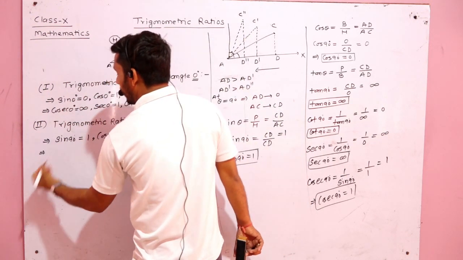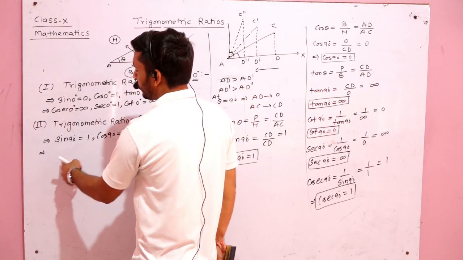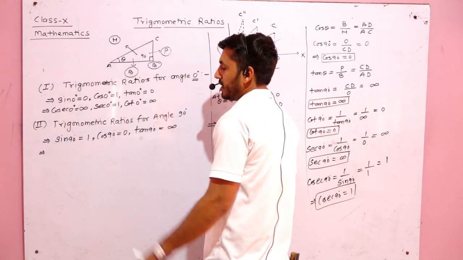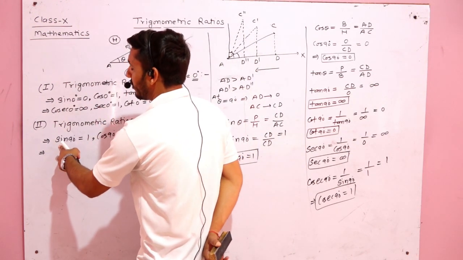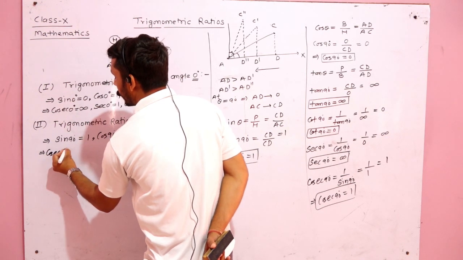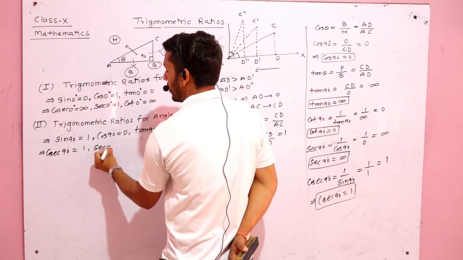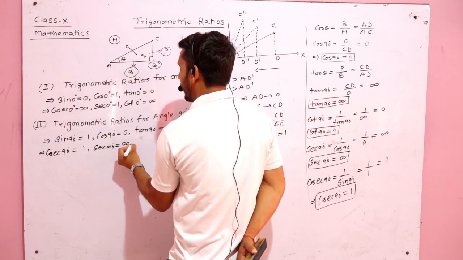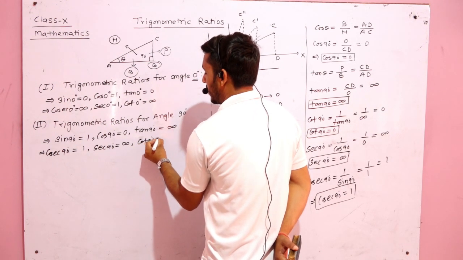The next three trigonometric ratios I am writing are the reciprocal of each respectively. What is the reciprocal of sine? It is cosec. Then cosec 90 is equal to 1. Then sec 90 is equal to infinite. Then cot 90 is equal to 0.